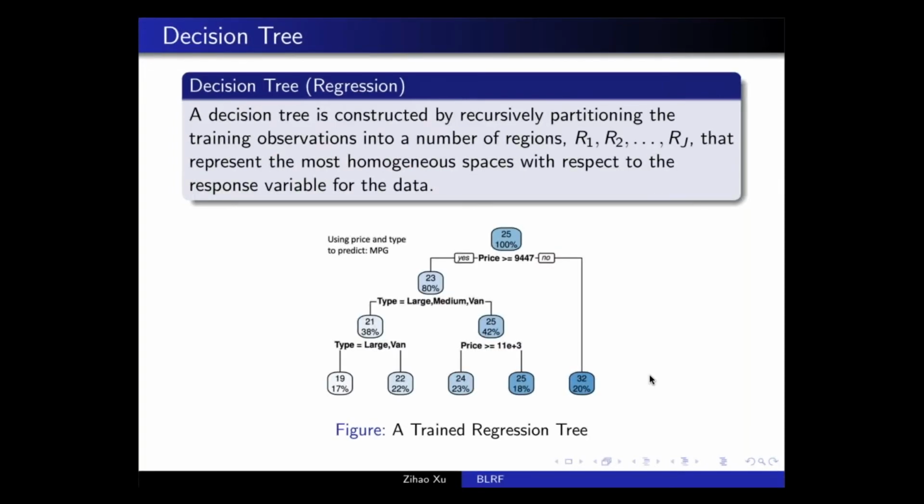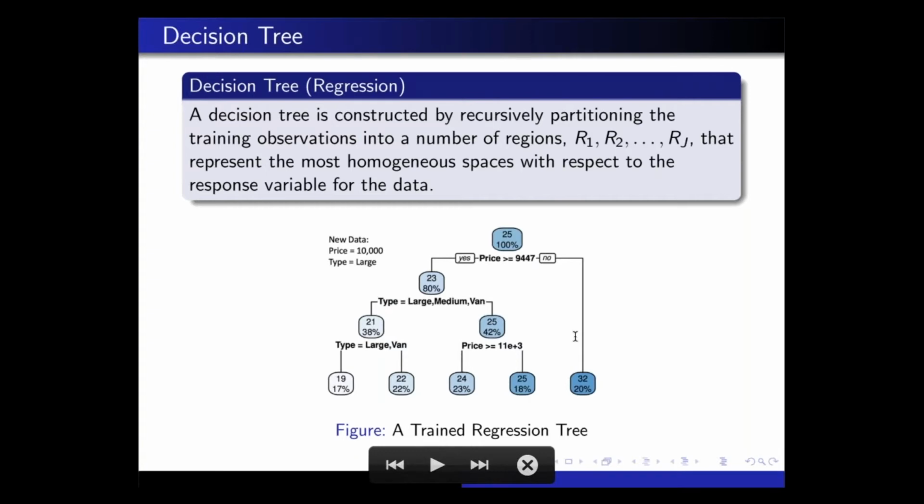So this is an example of a trained regression tree. And the problem we're dealing with here is we're trying to use the price and type of vehicles to predict their miles per gallon. So assume that we have this new data point. This regression tree will answer a series of questions where if the answer is yes, we'll go to the left branch of the tree, and if the answer is no, we'll go to the right branch.